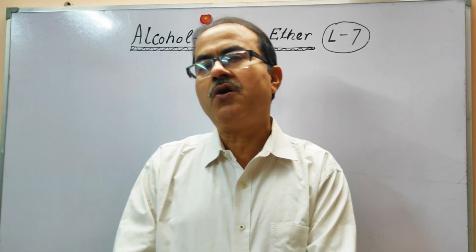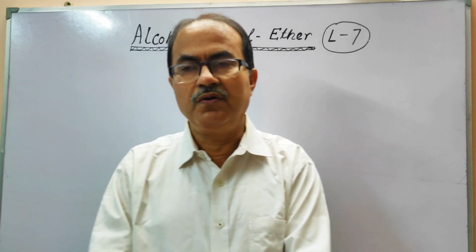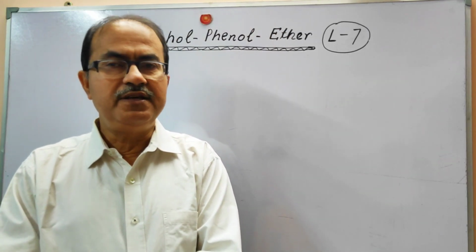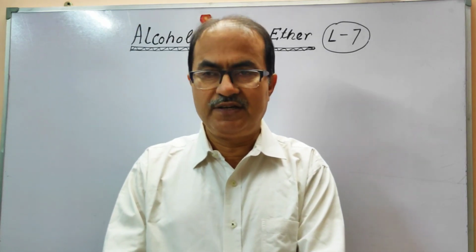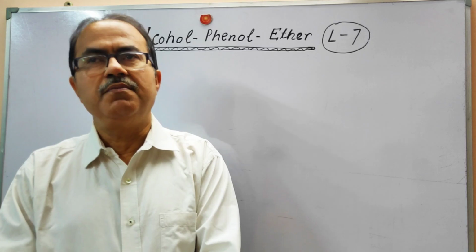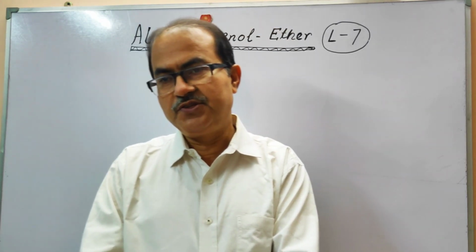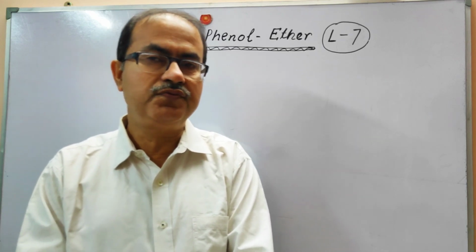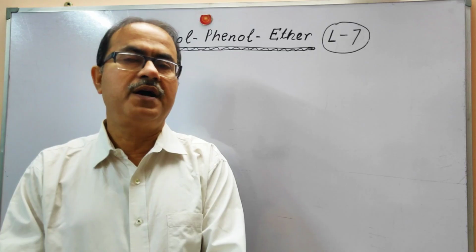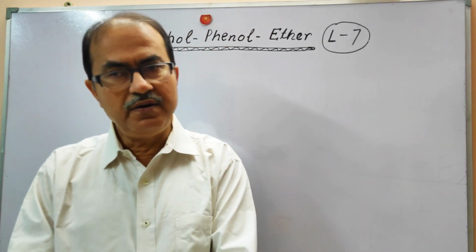Due to the presence of the OH group in the phenol, the benzene ring is further activated towards electrophilic substitution, because benzene itself is an electron-rich species, and when we add the OH group, there is a transfer of electrons from the oxygen of the OH group to the benzene ring.